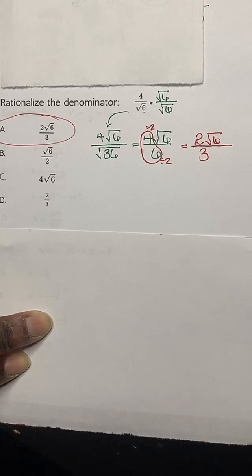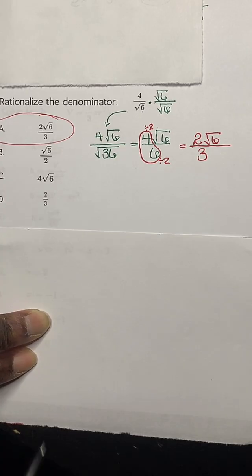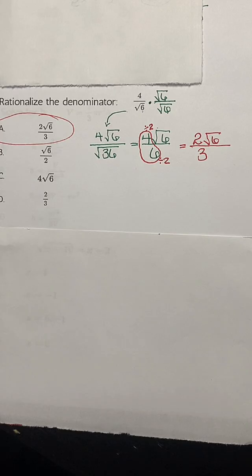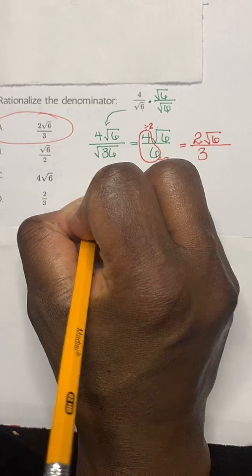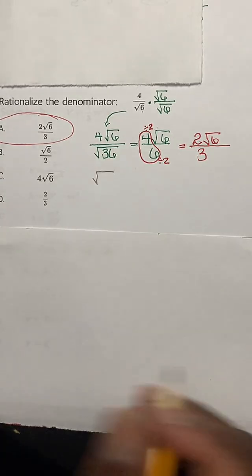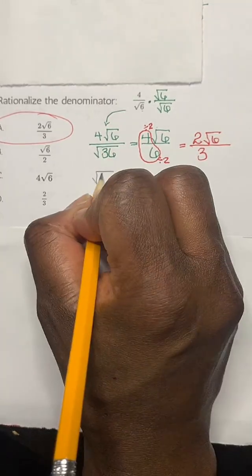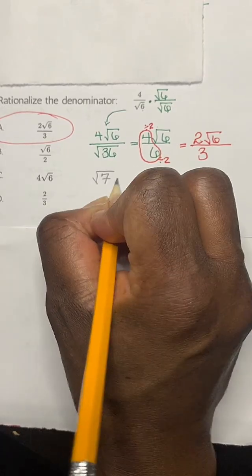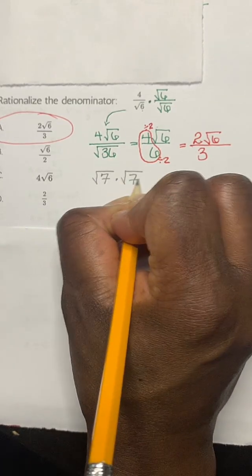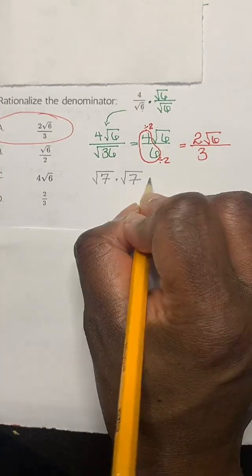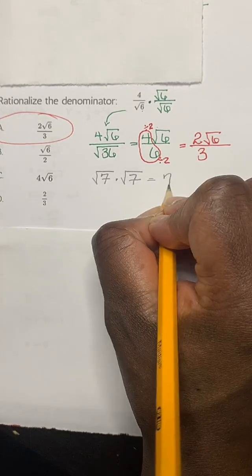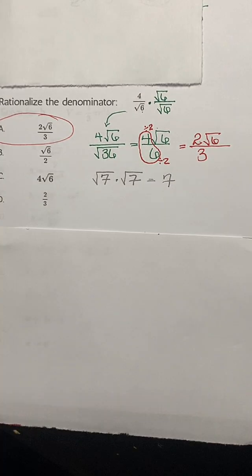When all of this comes down to it, here's a little shortcut. I kind of like shortcuts. If I multiply two radicals that are exactly the same, notice you get the answer of just the radicand without the radical.